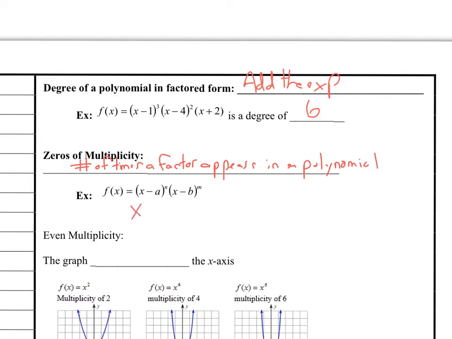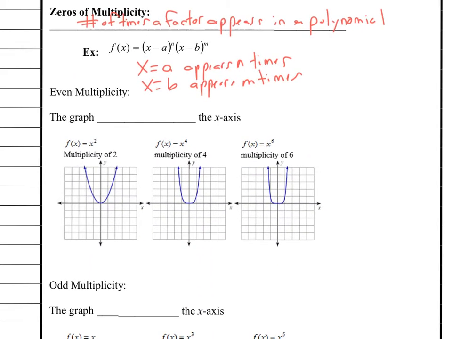So x equals a appears n times, and x equals b appears as a multiplicity of n times. Even multiplicity: the graph bounces off of the x-axis.